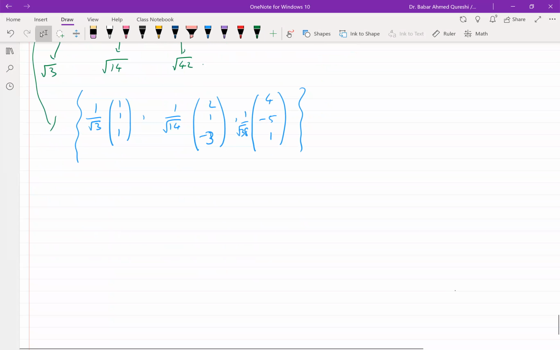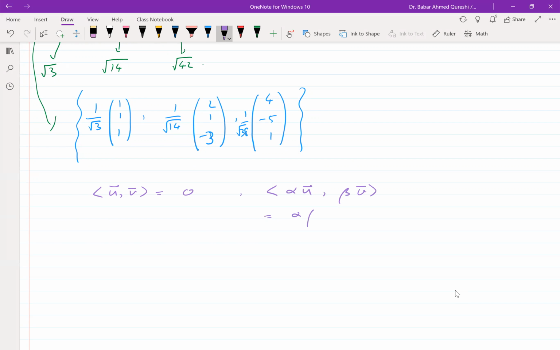Multiplying by any number does not change the orthogonality of two vectors. If these two vectors are orthogonal, that means their scalar product is 0. If I multiply the first by alpha and the second by beta, then by properties of the scalar product, alpha and beta come out.